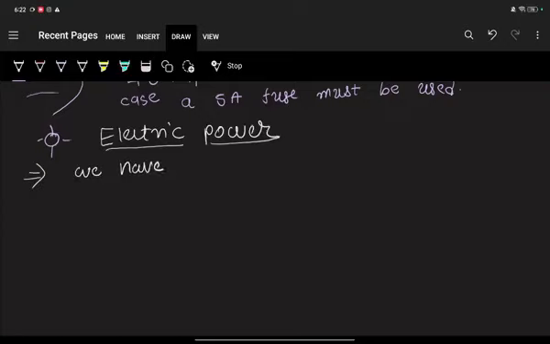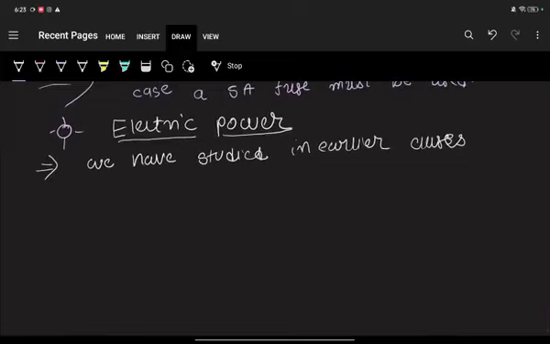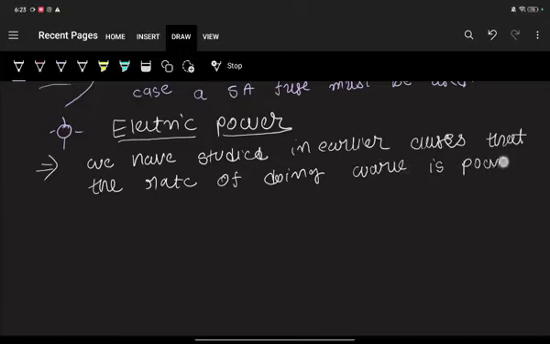We have studied in earlier classes, or earlier lectures, that the rate of doing work is power. So this is also the rate of consumption of energy.